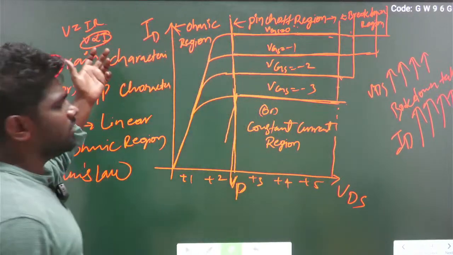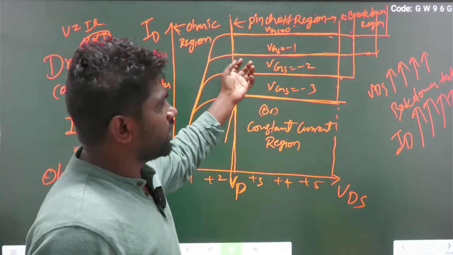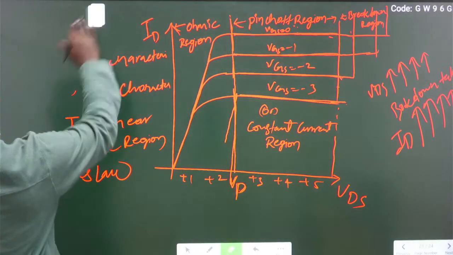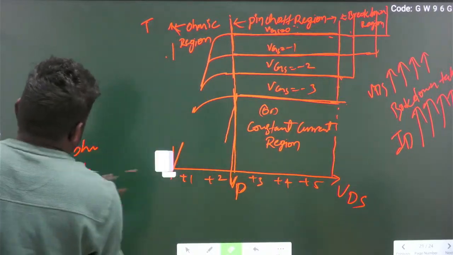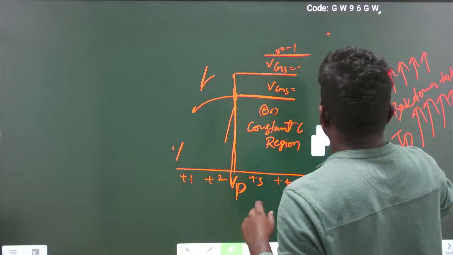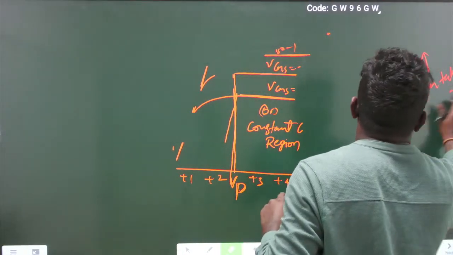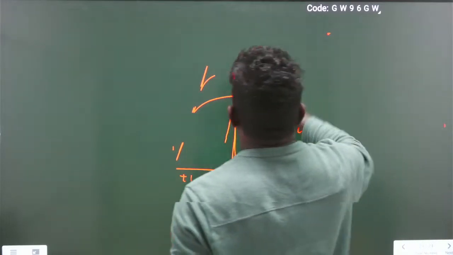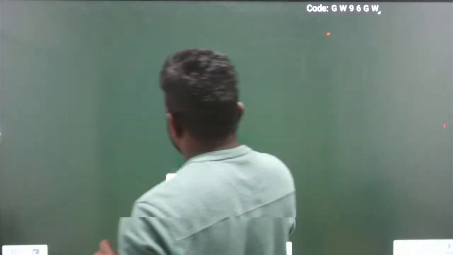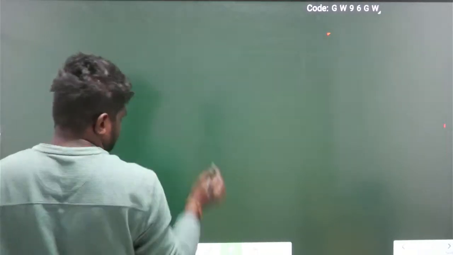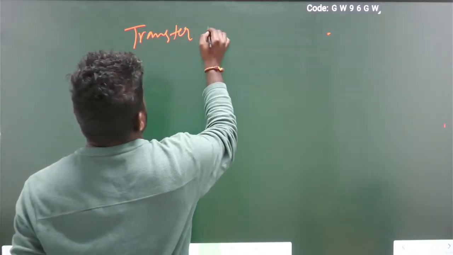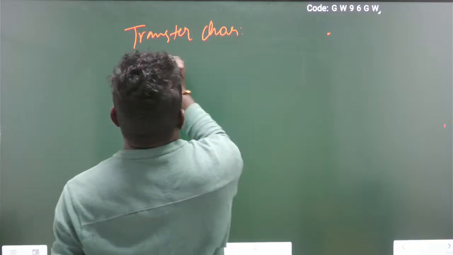This one is called the drain or output characteristics, and one more is there, called the transfer characteristics.